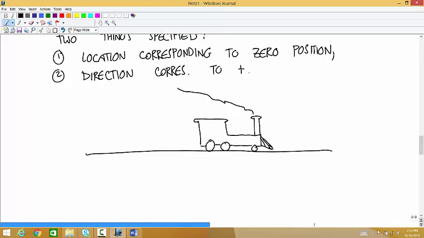And in order to treat this train as a particle, we have to choose a point to represent its location, right? A particle is an object that we're treating like it acts at a single point. And so I'm going to choose the center of mass of the train. That's this symbol.